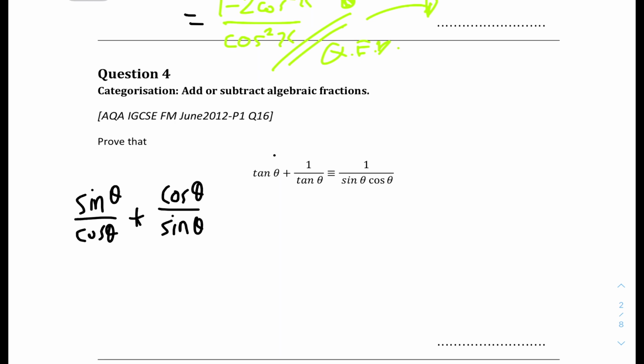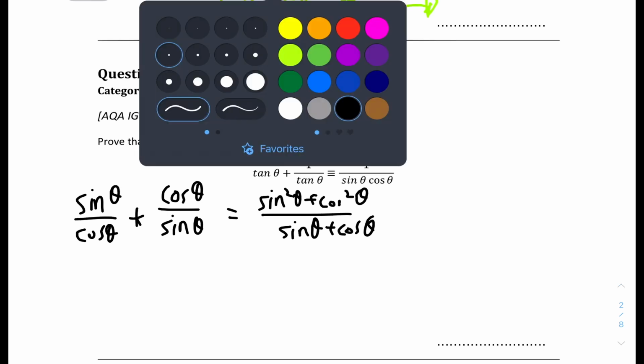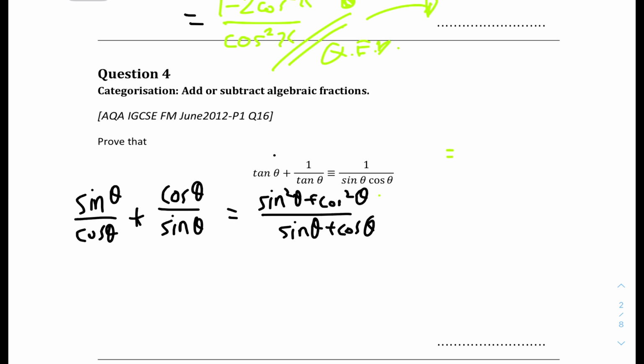And we can combine those two together to get sine squared theta plus cos squared theta over sine theta cos theta. And remember the Pythagorean identity where sine squared theta plus cos squared theta is equal to 1. So therefore the top will be 1.